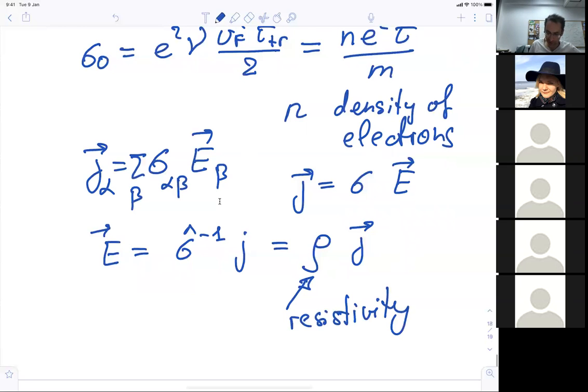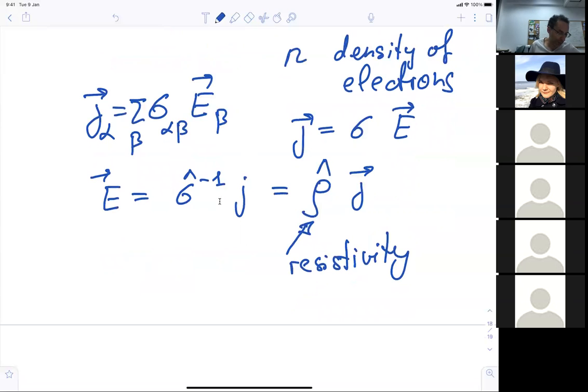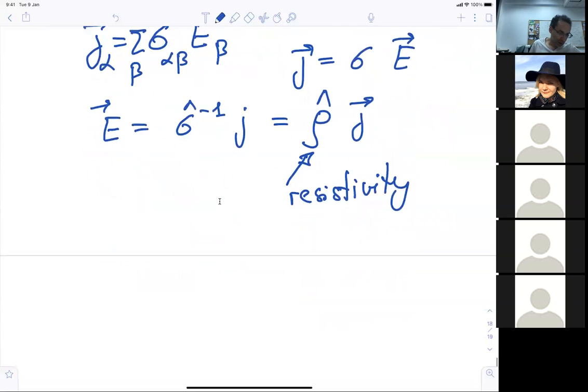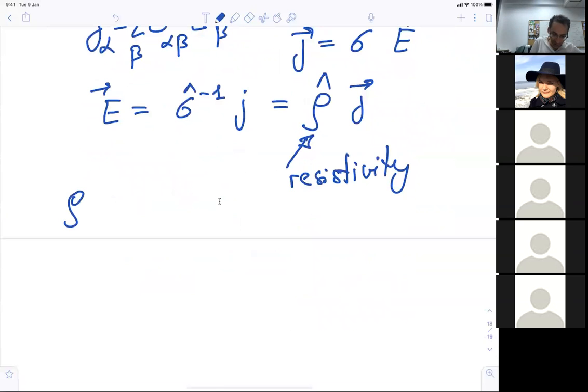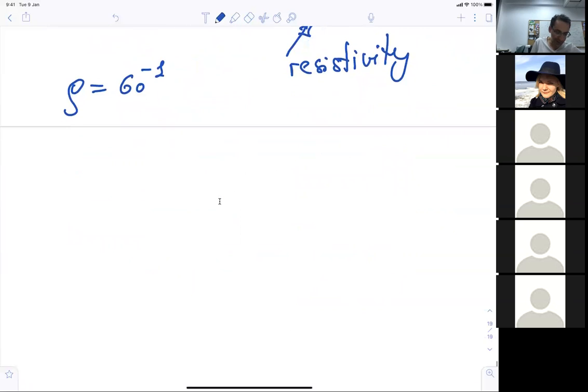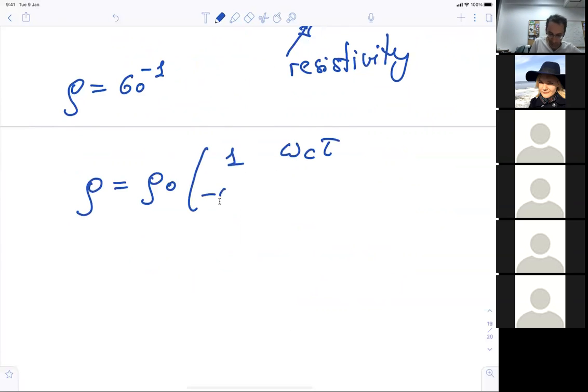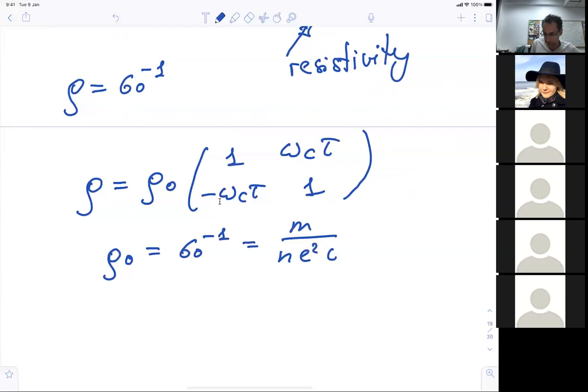So this is electric resistivity. It's also a 2 by 2 matrix, and rho is equal to sigma to the minus 1. Now, if I take matrix sigma and compute matrix rho, then rho will be rho 0 times the matrix 1, omega c tau, minus omega c tau, 1, and rho 0 is just sigma 0 to the minus 1, which is m over n e squared tau transport.